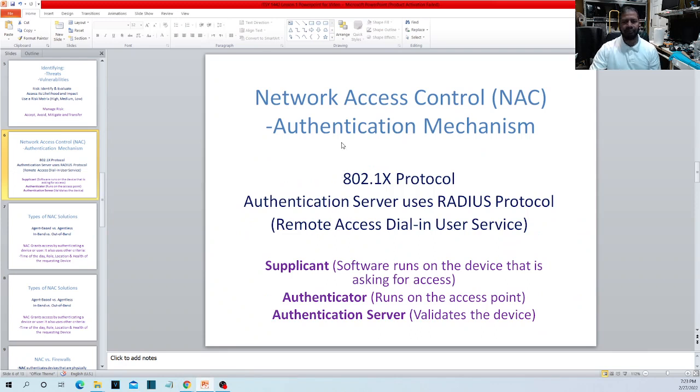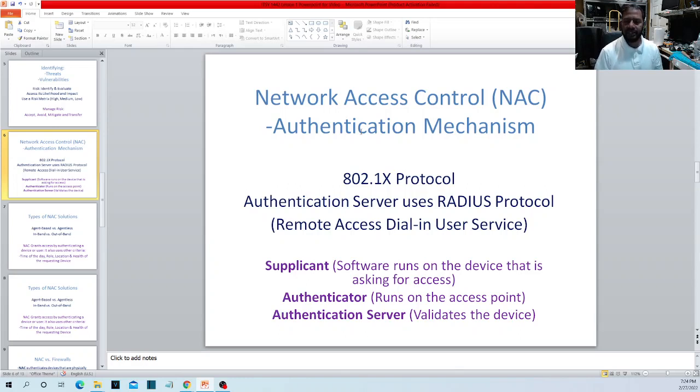Okay. Now, looking at our PowerPoint. Authentication mechanism. By the way, this authentication mechanism works when you are connecting physically to the network, either with physical cabling or using the Wi-Fi. Either way, you are physically present in that company's network, or around it.